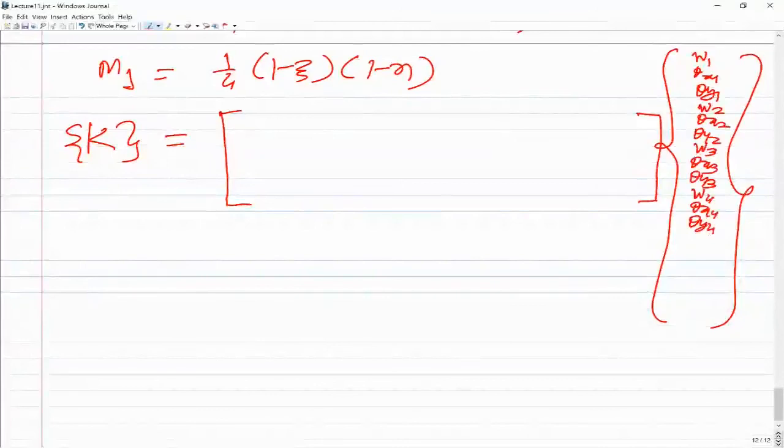So these are first the corner node degrees of freedom, and then the mid side nodes. Mid side nodes have only W degree of freedom, so W5, W6, W7, and W8. So this is what your vector of elemental degrees of freedom would be.